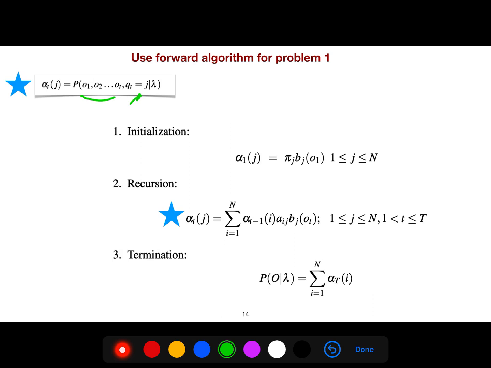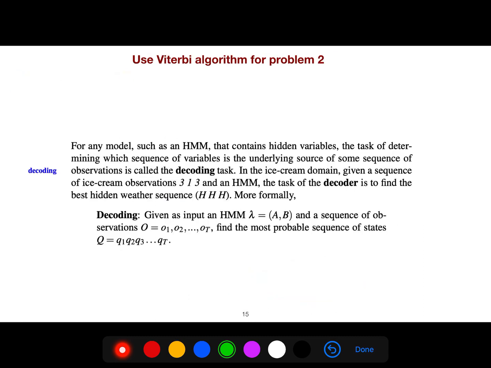But we don't want alpha, we want P of the observation, not just one of these Q_t. So we marginalize that. We sum over all alphas, and after calculating alpha, you just sum it and you're done. You get the probability of the observation sequence.